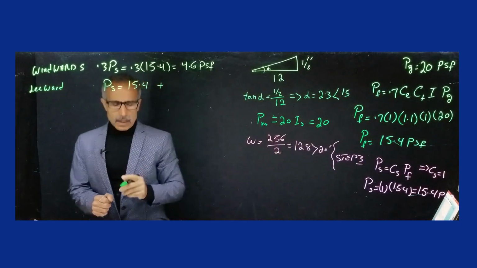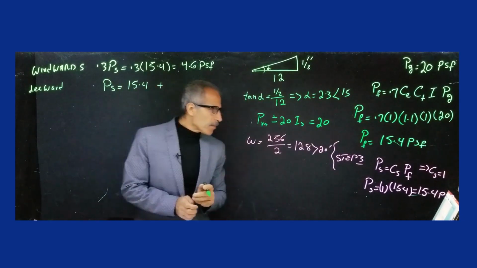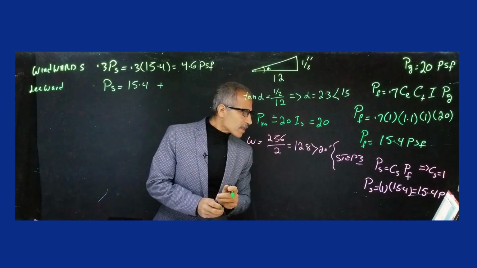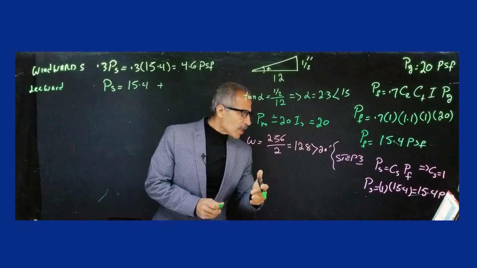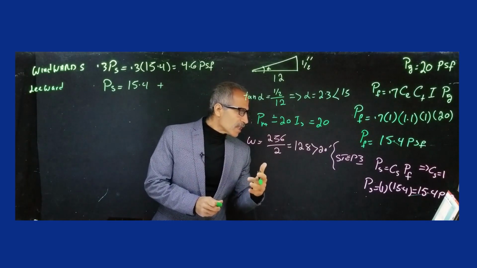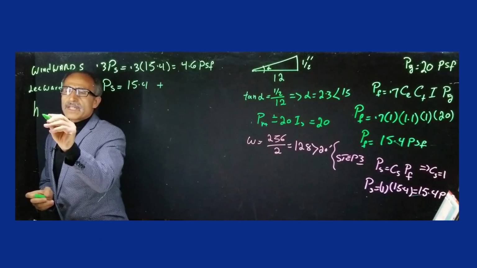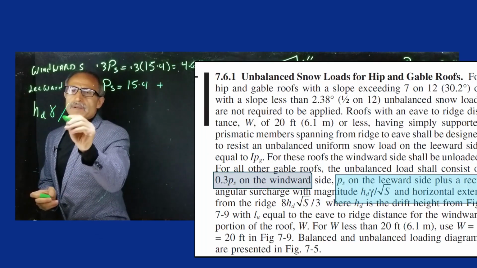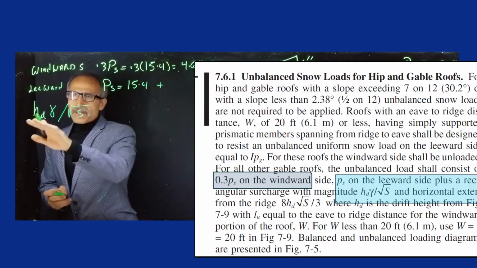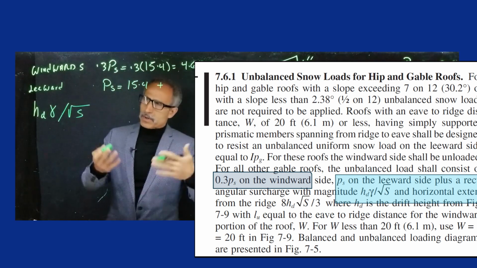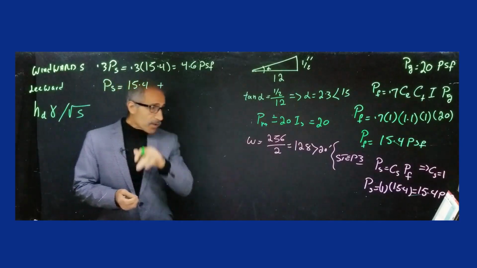Then it says plus a rectangular surcharge with a magnitude of HD gamma divided by square root of S. Now we got to figure this out. What is HD? What is gamma? What is S? So we're going to go ahead and figure it out.